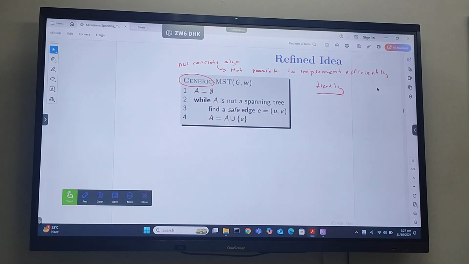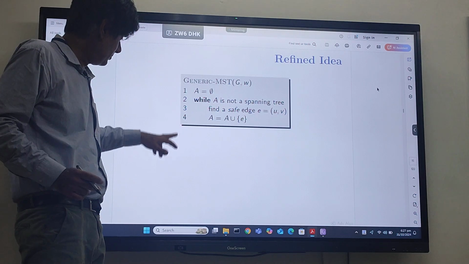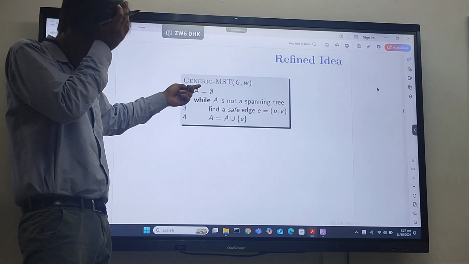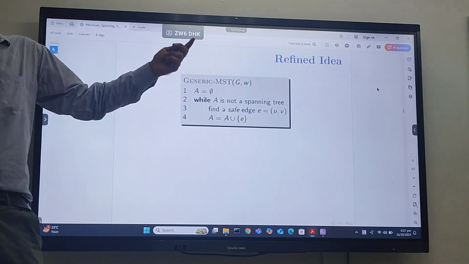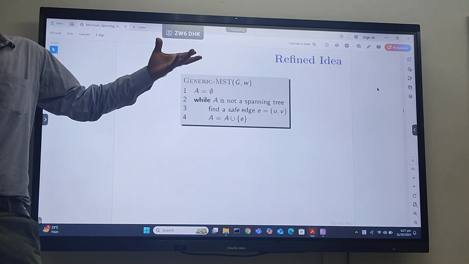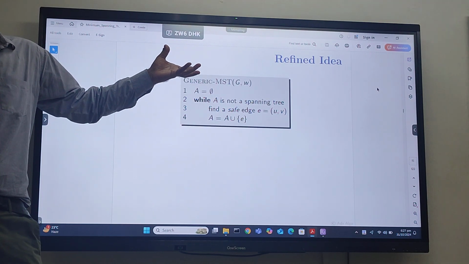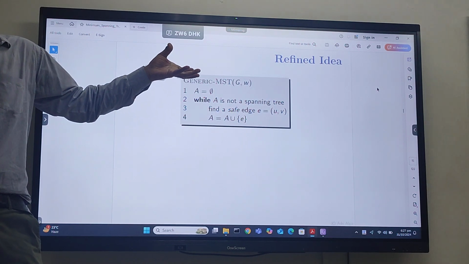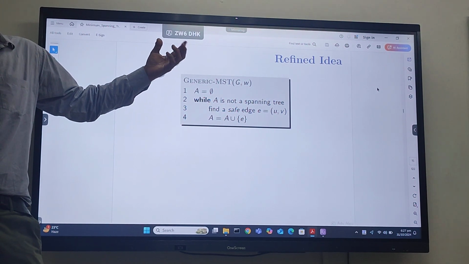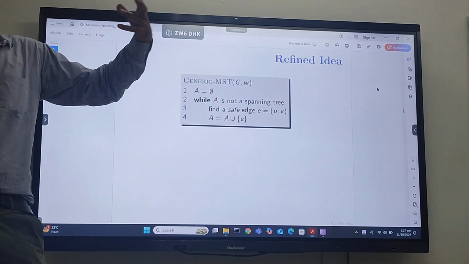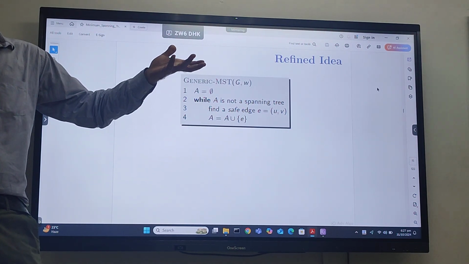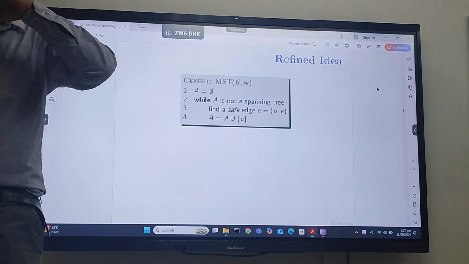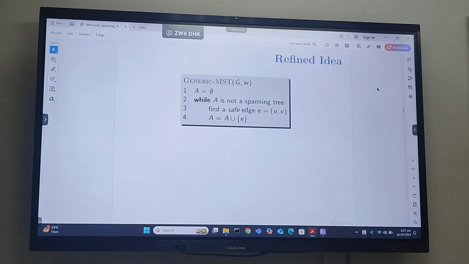The generic algorithm works something like this. Initially the set A is empty. A is usually used for the answer, whatever the algorithm is calculating. So algorithm people usually use an A, which can mean the answer or the algorithm.